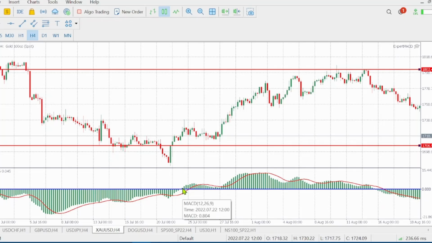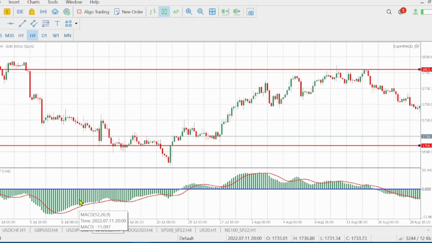When the MACD is above the zero line, it indicates that the market is bullish, but take note, not all the time. When the MACD is below the zero line, it indicates that the market is bearish.